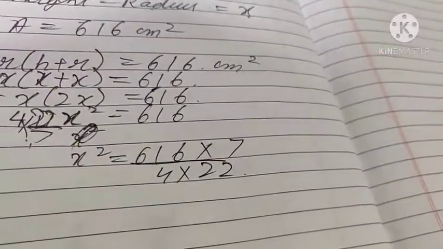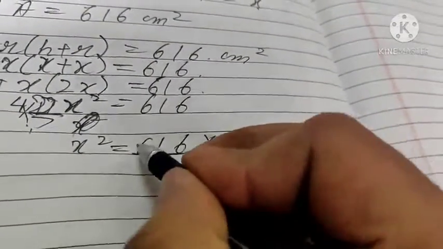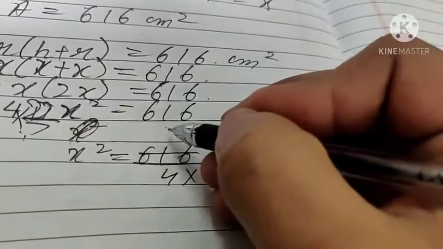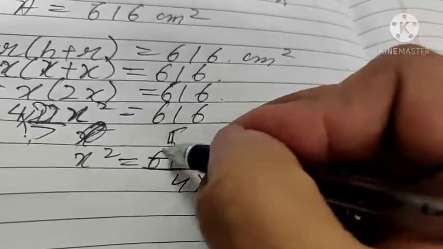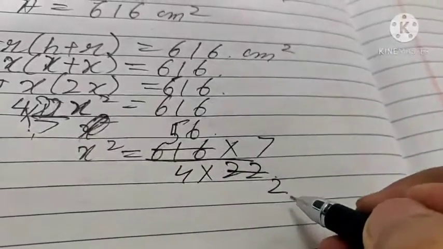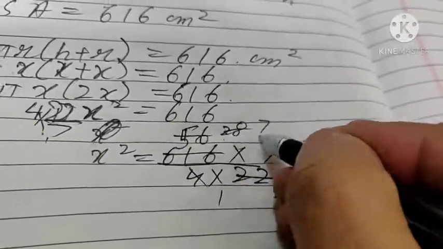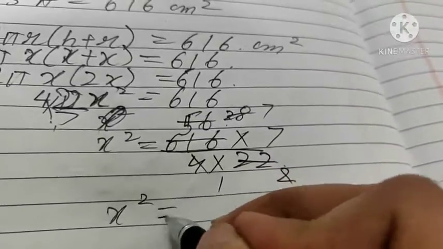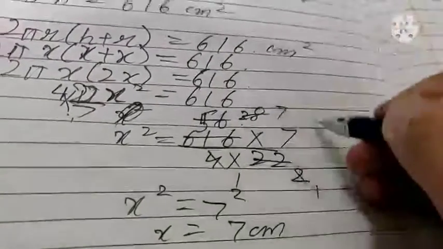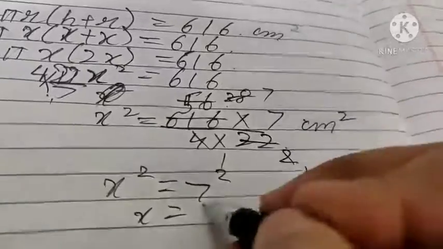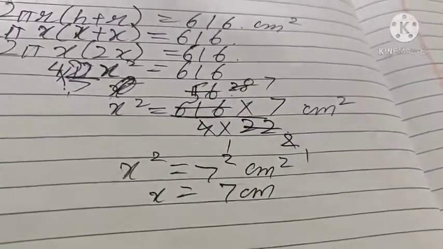Cutting by 11, we get 28 into 7 upon 4, which is 49. So x square is equal to 7 square, so x is 7 centimeters.